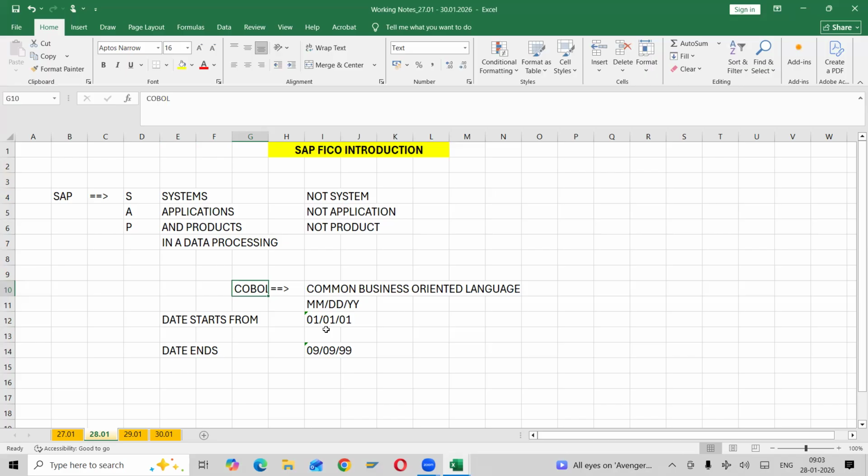Clear? So they came up with different business languages, any number of them, but every business language's origin starts from COBOL only. We used to call it the Y2K problem, that is the year 2000 problem, which affected the entire industry.